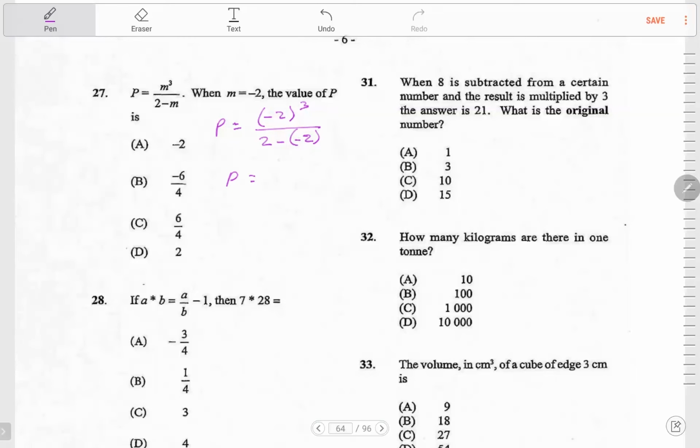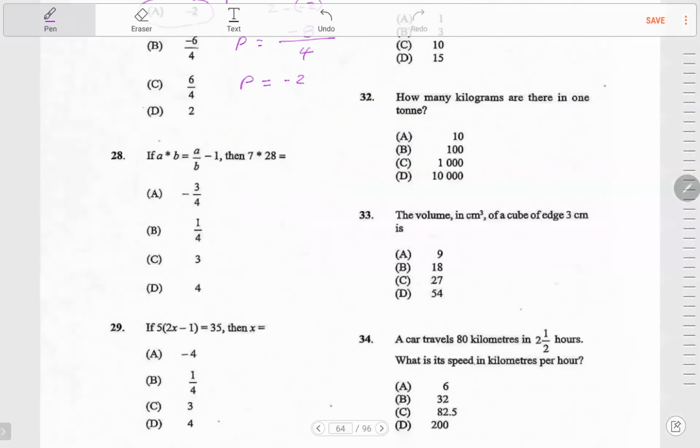So it becomes a negative 8. All right. Because negative 2 times negative 2 is positive 4. Then the positive 4 times negative 2 is negative 8. And then on here now, the minus here makes it a plus. Say 2 plus 2 is 4. So negative 8 divided by 4 is negative 2. So P equals negative 2. So the answer is A. So we didn't do that question. It's the first time we're doing that one.